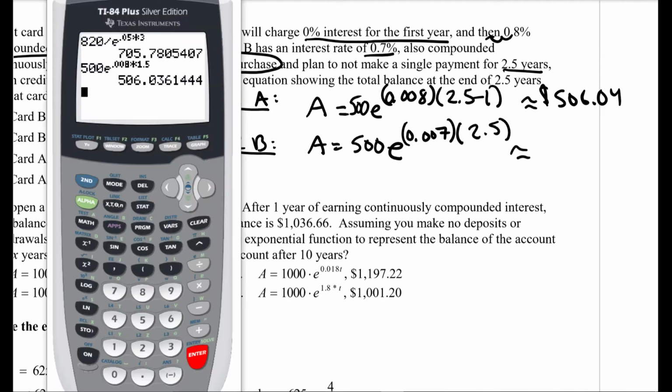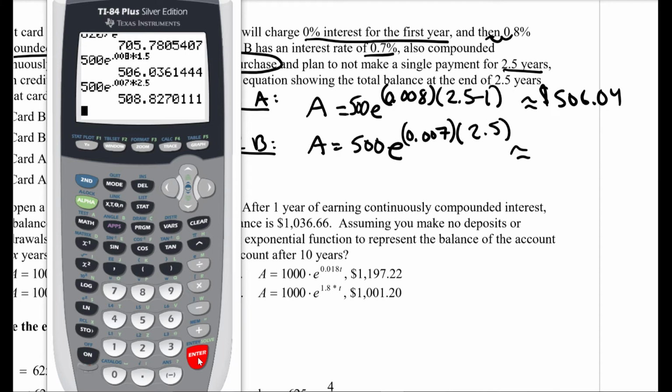Now let's do credit card B. We're going to basically use the same expression but change the 8 into a 7 and change this 1.5 into 2.5 years. There you go.